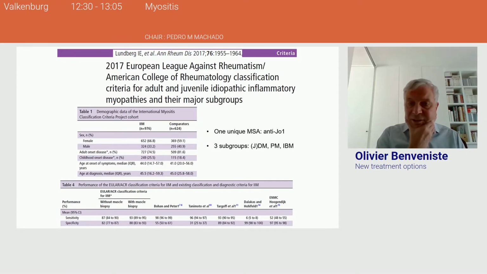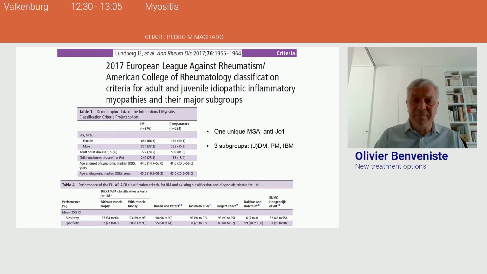Finally, the last classification criteria came from the group of Ingrid Lundberg. She got a huge grant from Europe to refine the classification criteria, and this is a good criteria to classify patients among neuromuscular disorders as having myositis.